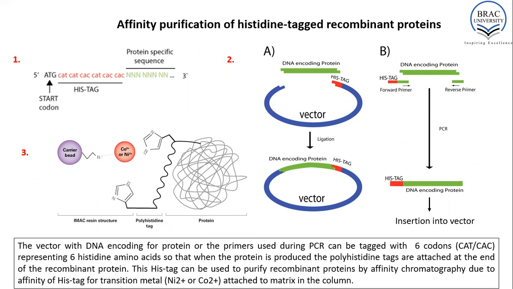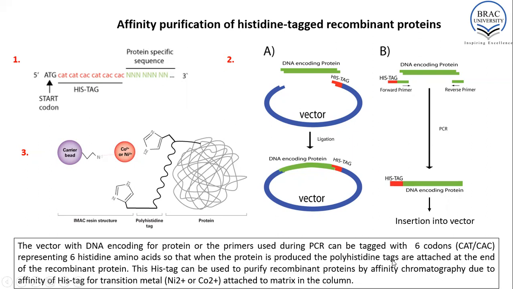We put some histidine codons just before the stop codon of a DNA fragment, and that DNA fragment is molecularly cloned and grown in bacteria or any other host organism for protein expression. When we get the protein of interest, at the end of that protein we also have a polyhistidine group. This polyhistidine group is used to bind that protein and separate it out using a column.